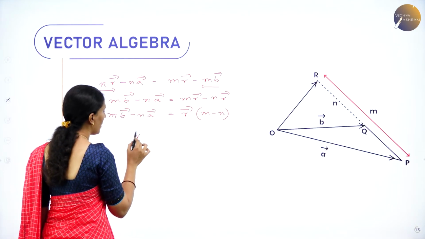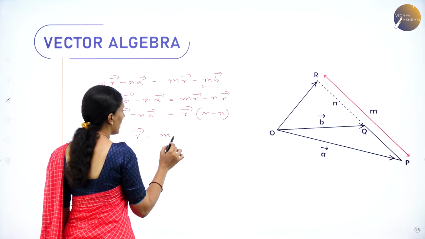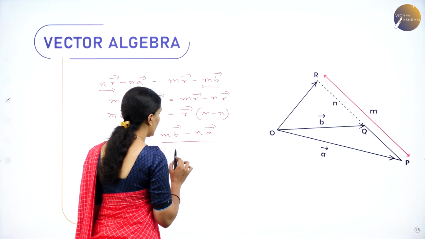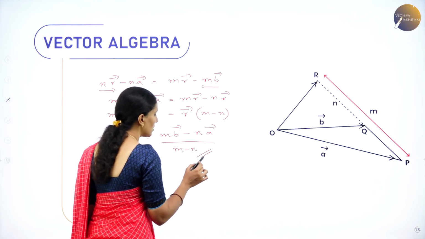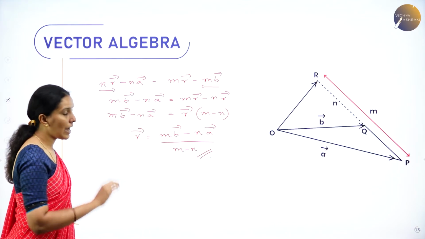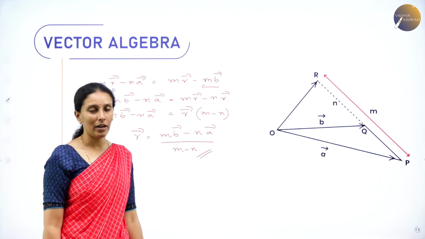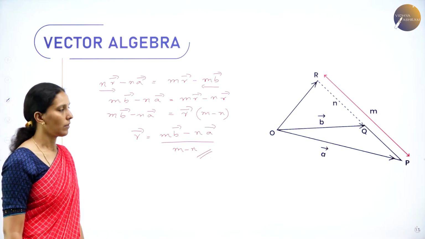If I need R, then it is M into vector B minus N into vector A divided by M minus N. So this is the position vector of the point R which is dividing the line segment PQ externally in the ratio M is to N.